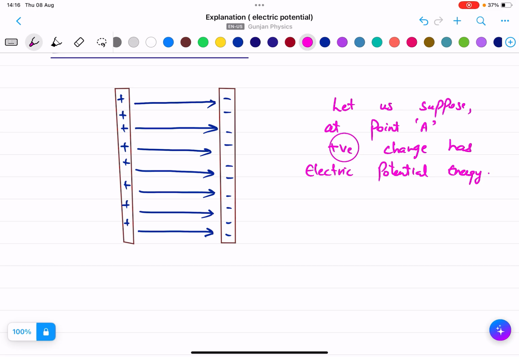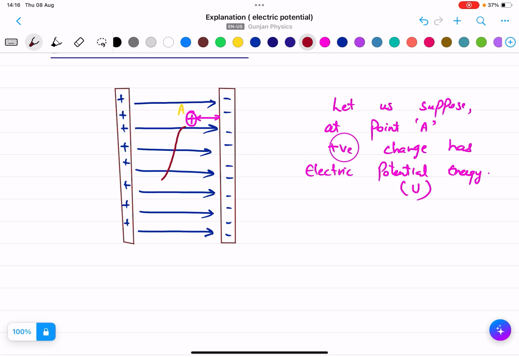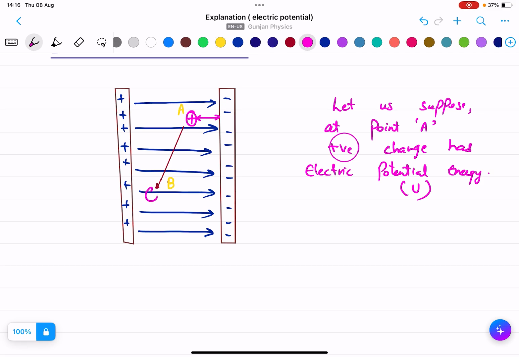Potential energy is denoted by U. So let us suppose this is the positive charge which is moving, and let us say this point is A. We are moving this positive charge from here to this point, and let us say this point is B. Let us say the potential energy at this point is UA and the potential energy at this point is UB.